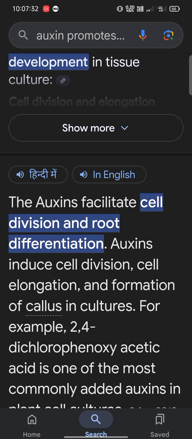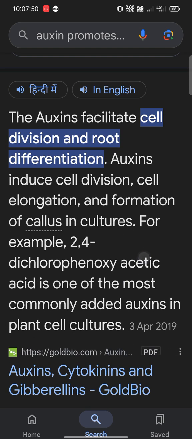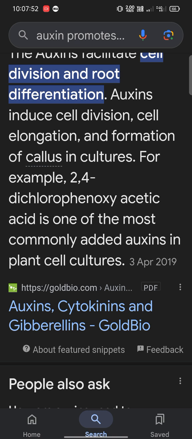Generally auxins are present in the tip part and promote the growth of a plant, but here in tissue culture, auxin facilitates cell division and root differentiation. Auxin induces cell division, cell elongation, and formation of callus in culture.